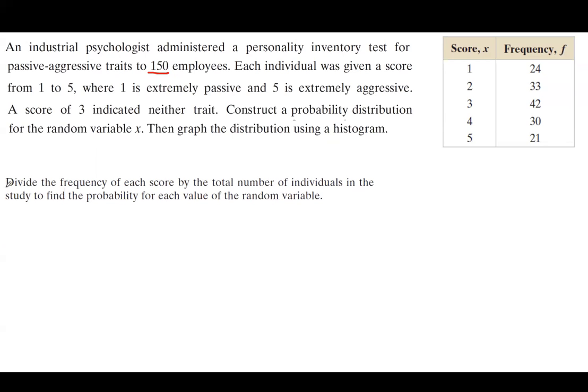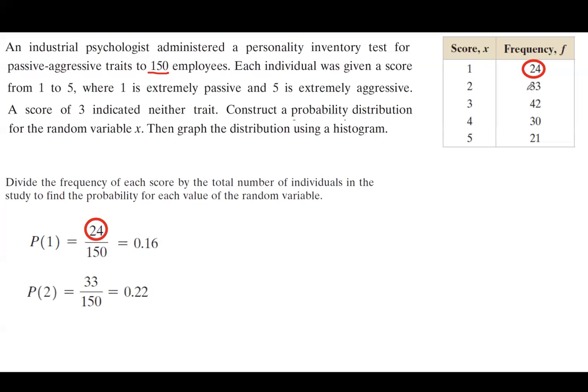What are you going to do? You're going to divide the frequency of each score by the total number of individuals in the study. So the probability of score 1 is 24, the number of people who got score 1, divided by 150, which is about 16%.